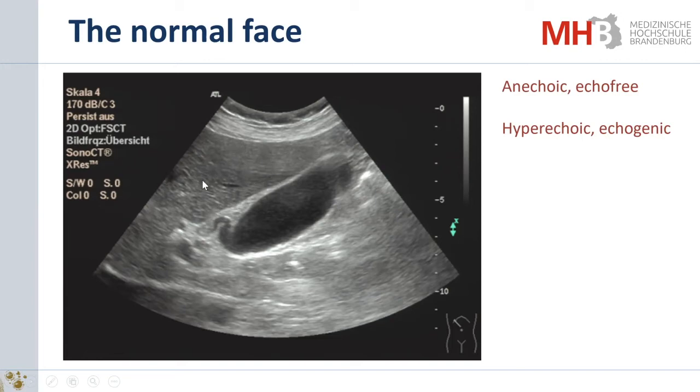And the liver is that organ which helps us to decide on echogenicity of the other organs, because we always need a comparison to a reference organ. In most cases, on the right-hand side, we use the liver for comparison, for example if we have differences between the gallbladder and the liver parenchyma. In other cases, we use renal parenchyma for comparison. If we have to decide on fatty liver, then we will have the comparison to the renal parenchyma.